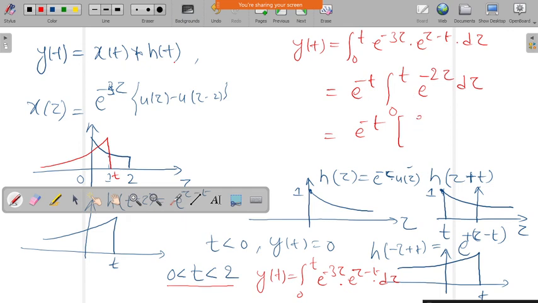If you perform this integral, e power minus 2 tau divided by minus 2, with limits from 0 to t. If I substitute, e power minus 2t minus 0, which becomes 1, divided by minus 2.